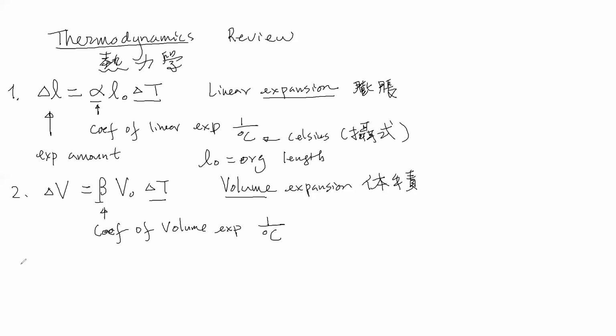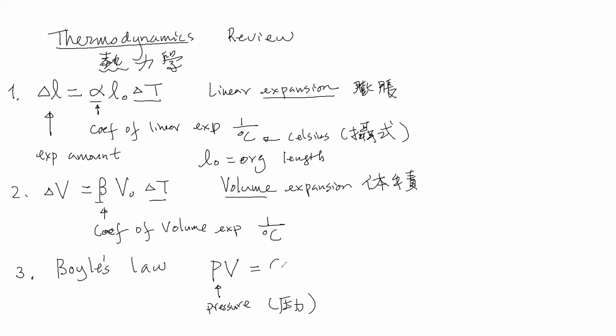Next, we're going to talk about the different gas laws. First, number 3, Boyle's law. Boyle's law says PV equals constant, where P is pressure, which in Chinese is 压力, and V is volume.